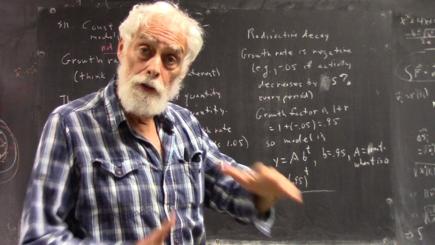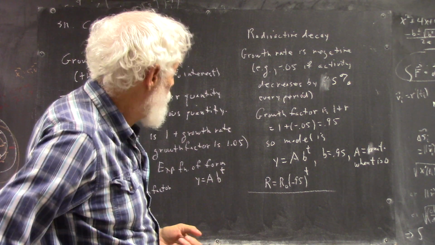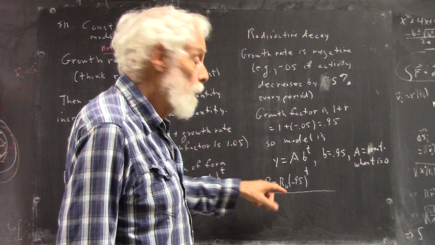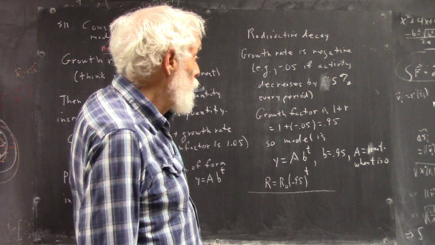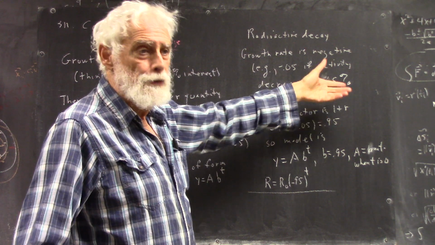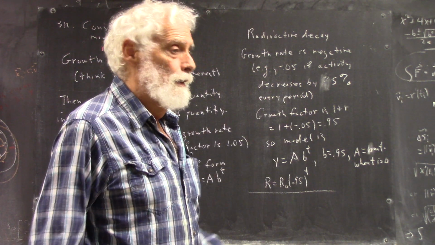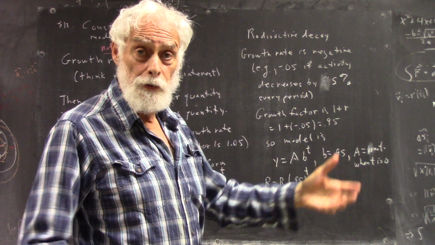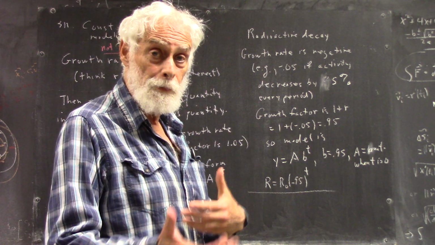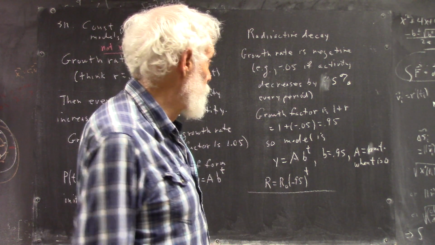Radioactive decay, you have a decrease. So if you have a certain amount of radioactive substance, we'll call that R, okay? And you know that it decreases by 5% every period, and the period might be seconds, it might be minutes, hours, days, months, years, millions of years, billions of years. It depends on what the substance is. We have substances that decay in any of those time frames.